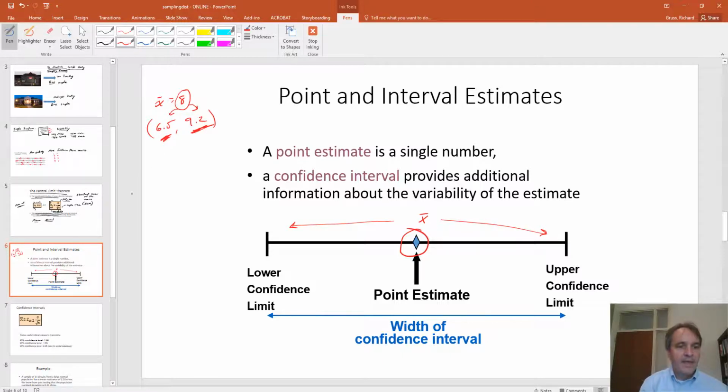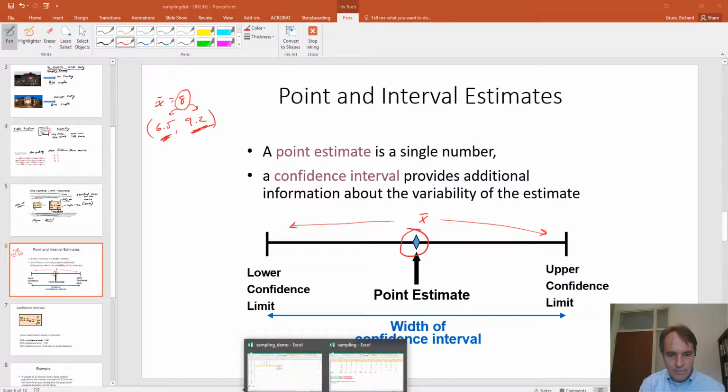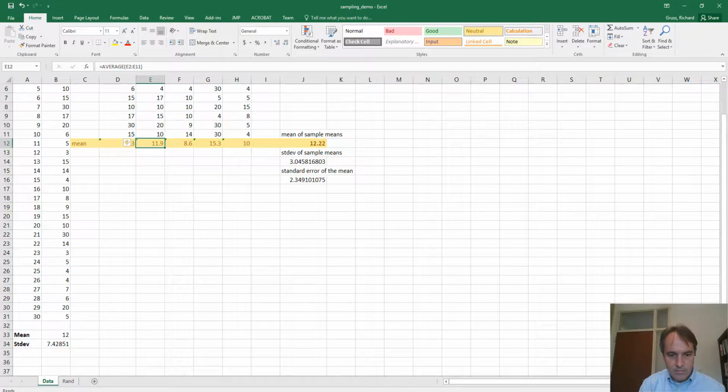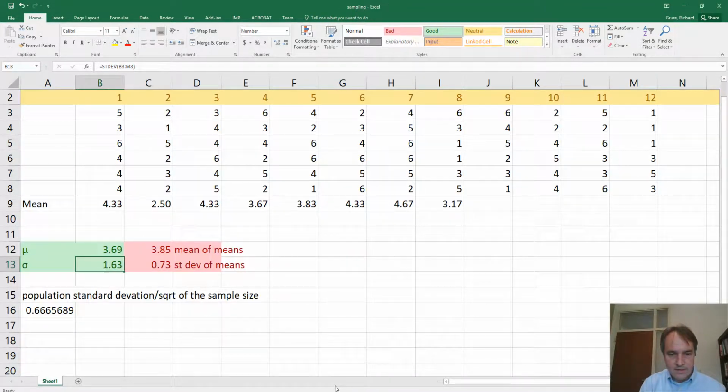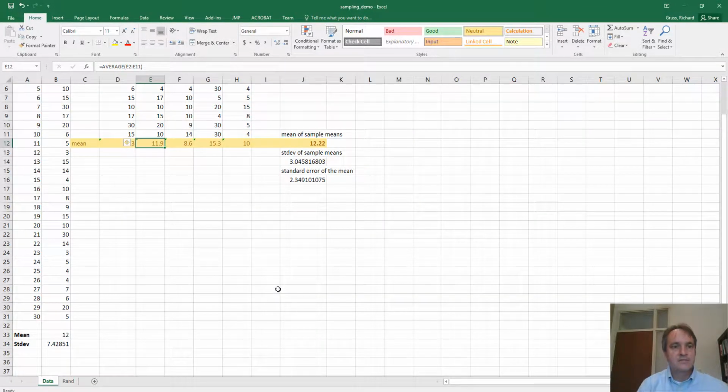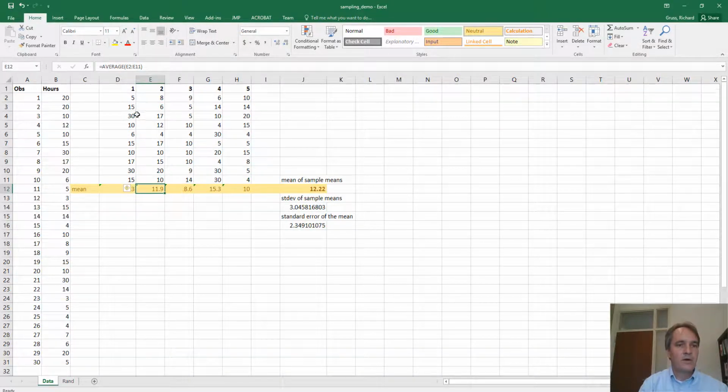Okay, and this comes from, okay, let's go back to that sheet. Let's go back to this and think about, let's say we've only drawn one sample, and it's this one.